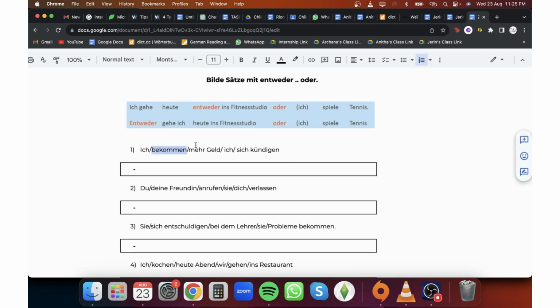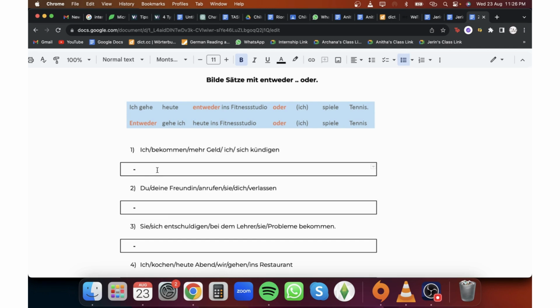Ich bekommen mehr Geld, ich sich kündigen. So we're saying that either I get more money or I quit. Sich kündigen means to quit. Right now, if I say I get either more money or I quit, that sounds a bit weird, right?